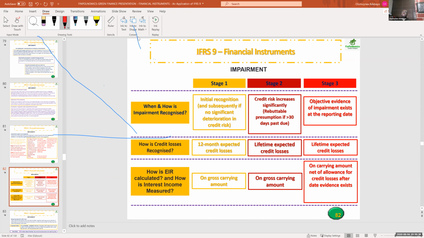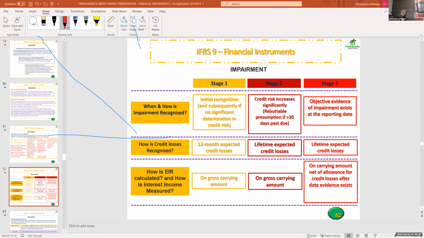And that is that. And it's also possible to move from stage 1 to 2 and stay in stage 2 until the financial asset is derecognized. Or it moves from stage 2 again to stage 3, which then means it can be from stage 1 to 2 and stay there, or stage 1 to 2 and move to 3 and end there, or it moves from stage 1 to 3 directly.